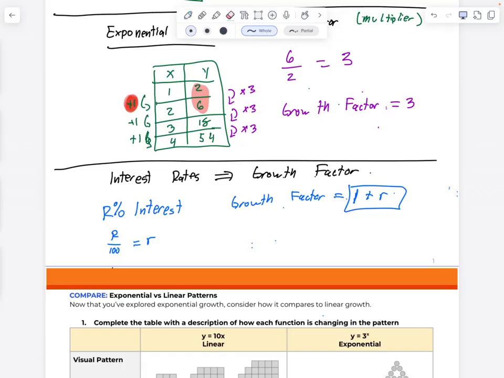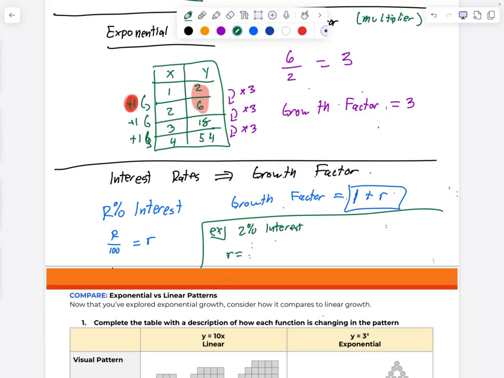So if we had 2% interest, little r would be 0.02, and so my growth factor would be 1 plus 0.02, which would be 1.02. So that's how you would do that. All right, so that's what I have for you for notes.